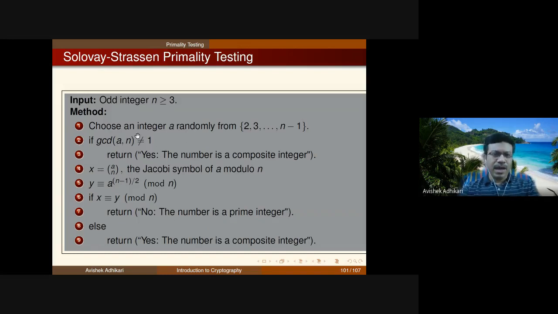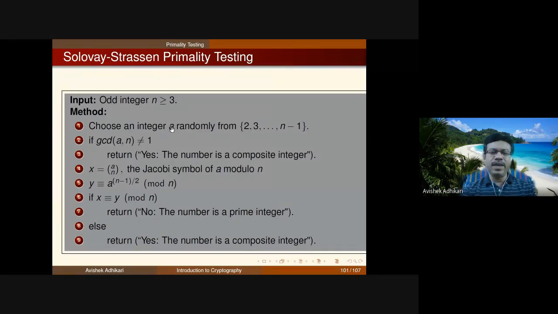here I have given only one run. So here I have taken a randomly from this interval. Suppose it gives you an answer no. Then the probability of error is half. Then you run the program again with the same n and a randomly chosen a.